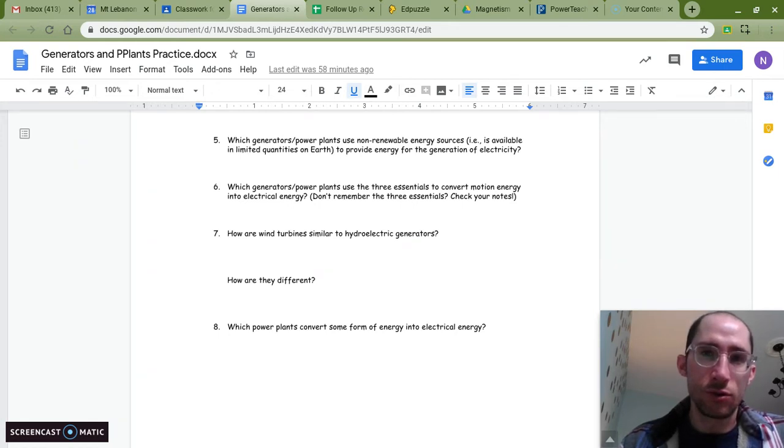Sure, some new coal can form, but that takes a long time. Uranium is also a limited resource. We mine that, so that's limited quantity. That's non-renewable. So coal and nuclear are non-renewable.